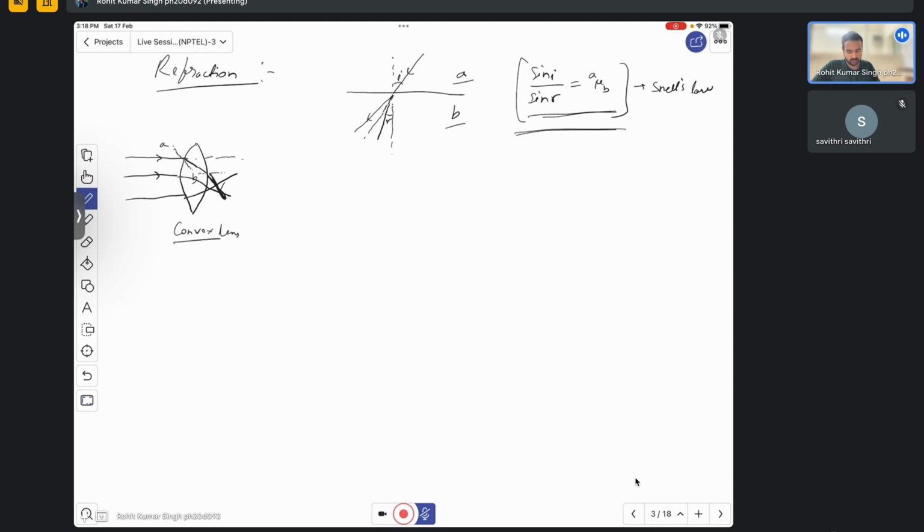Let me draw a simple diagram of convergence.